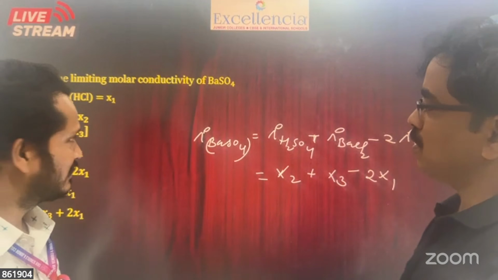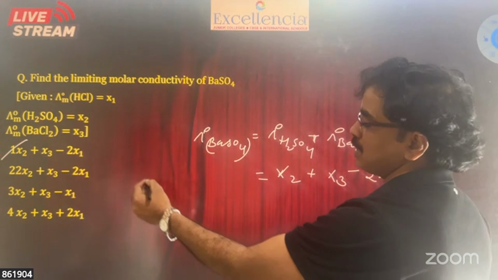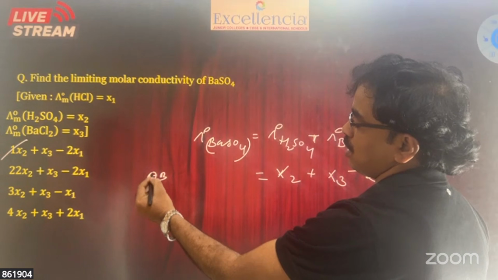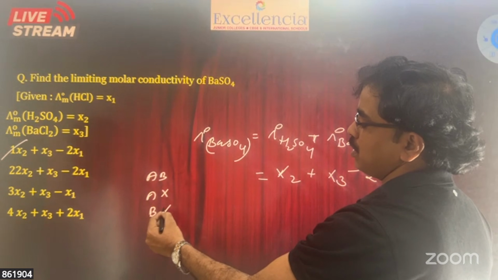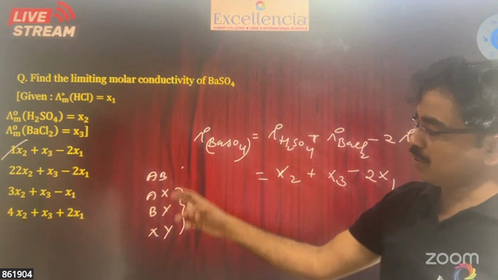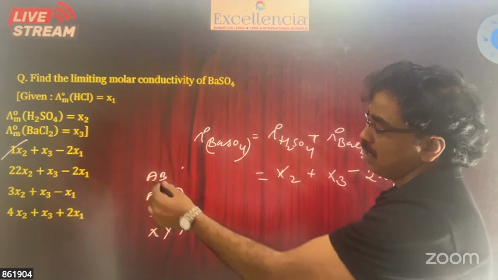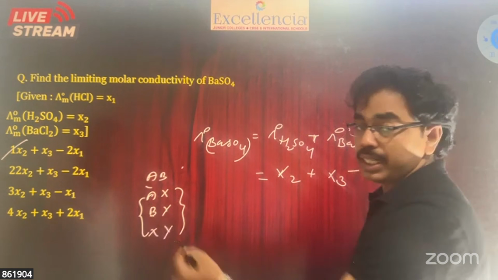Now, what I taught the children is: suppose AB is a weak electrolyte, and we are given strong electrolytes, x, y and z. A simplest way: this is the weak electrolyte, and these three are the strong electrolytes. The terms which are present in the given electrolytes must be added.